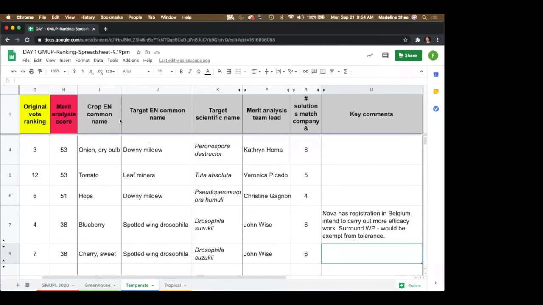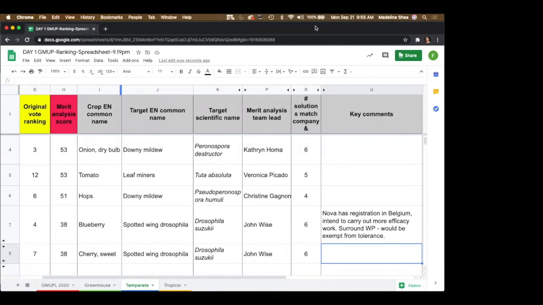So the countries that identified spotted wing Drosophila as a high priority through the original vote ranking, in the range of berry crops that we have listed in this Excel sheet, the only answer I can give is that for all those countries, it was listed as very high as a pest problem that needed additional solutions.